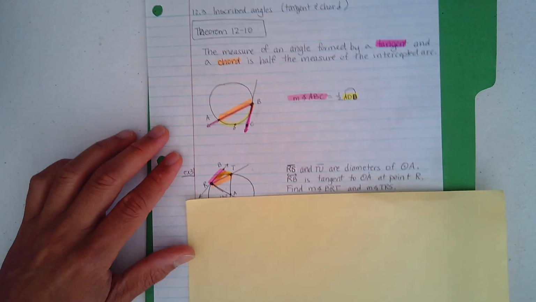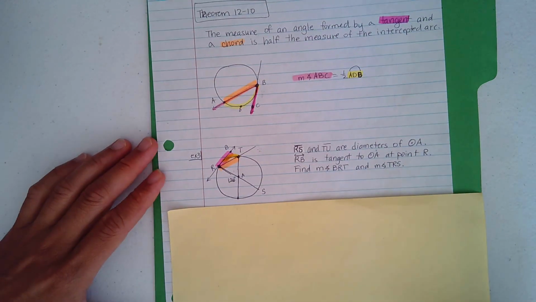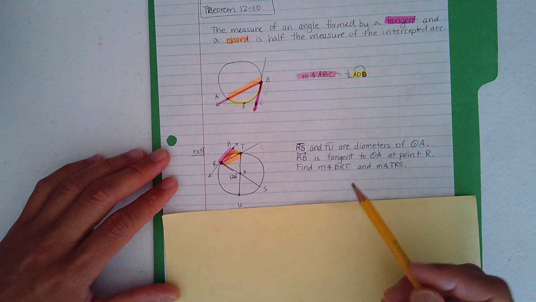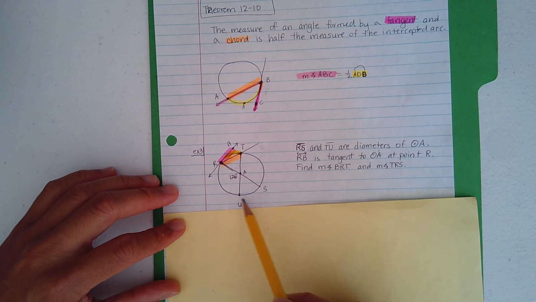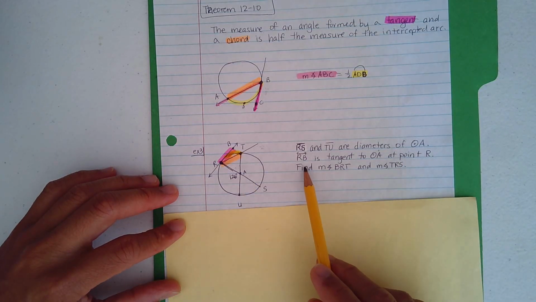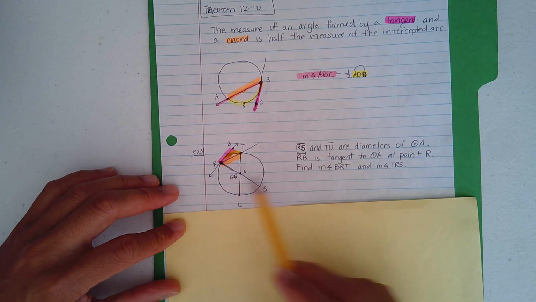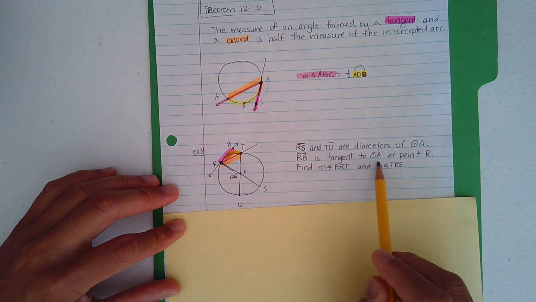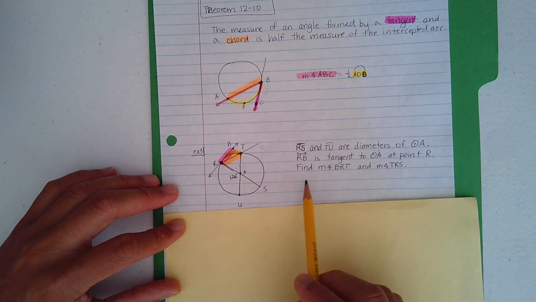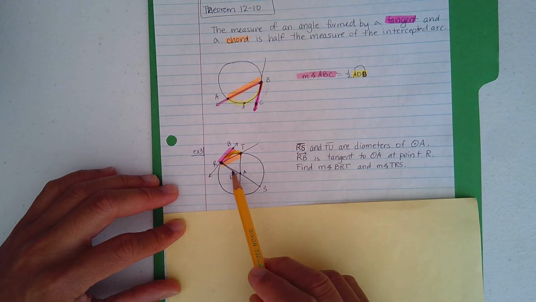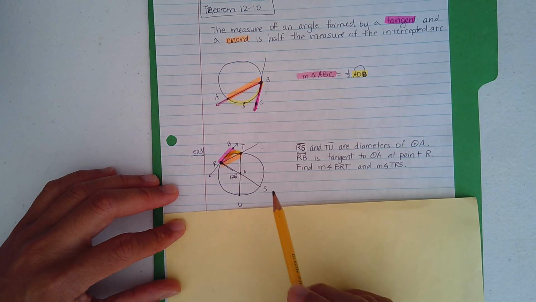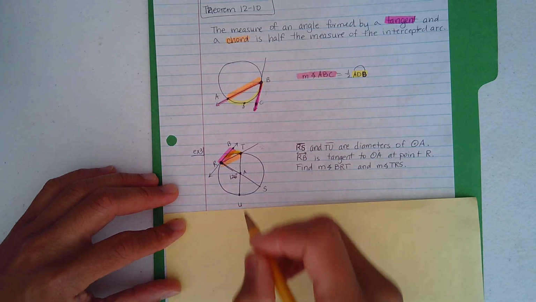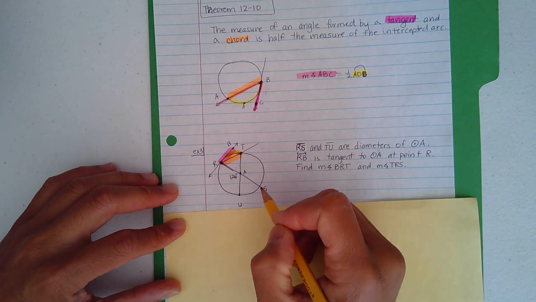So next example, example 3. It says RS and TU are diameters of circle A. RB is tangent to circle A at point R. Find the measure of angle BRT, so it wants us to find this angle, and the measure of angle TRS. So again, what I want to do first is fill in these angles, because that's going to help.